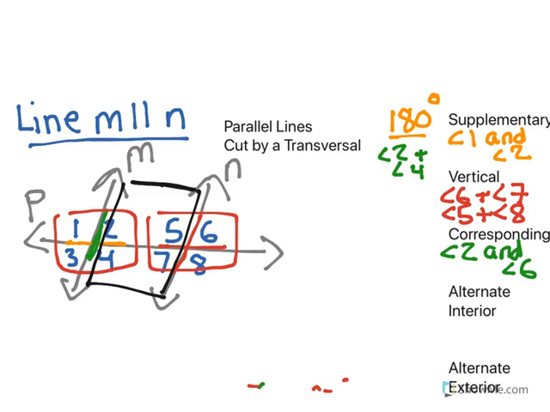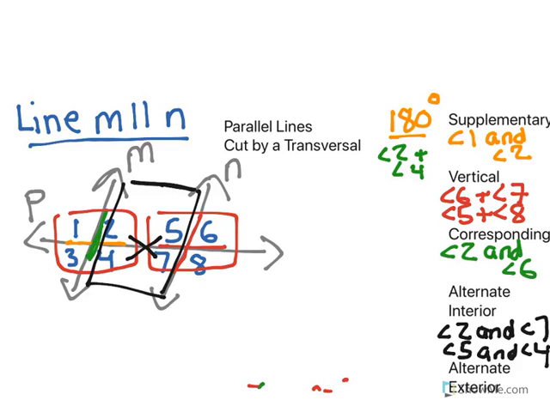And the ones that are alternating on the inside are those angles right here, like 2 and 7 or 5 and 4. So angle 2 and angle 7, and angle 5 and angle 4. Those are alternate interior angles.